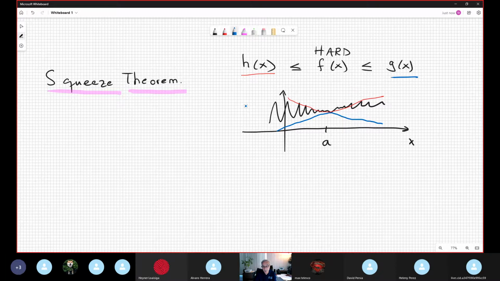But the important idea is, at the famous point A, I want to approach it. This behavior satisfies this inequality.